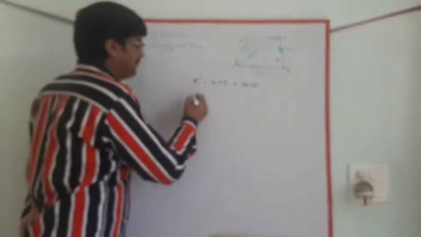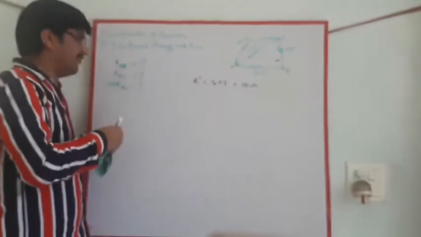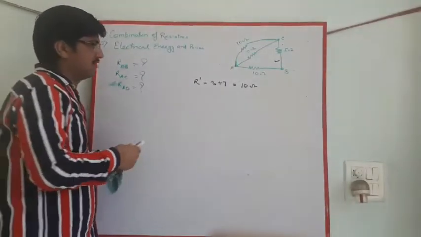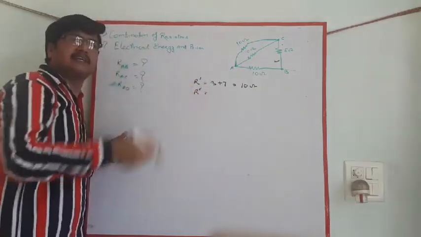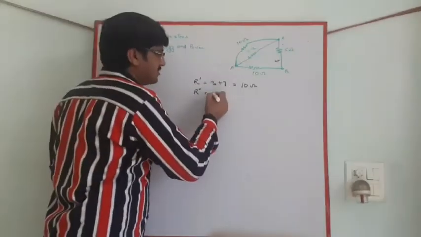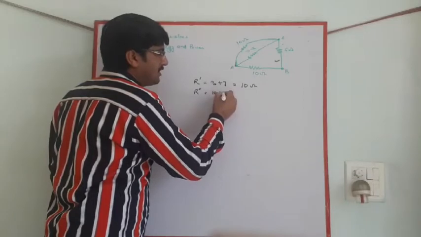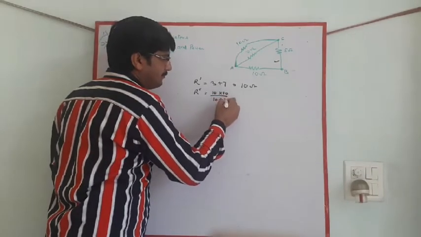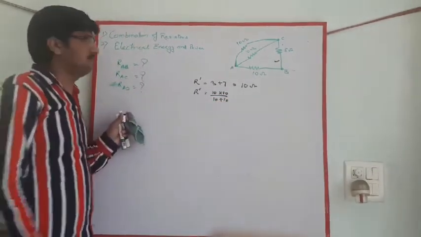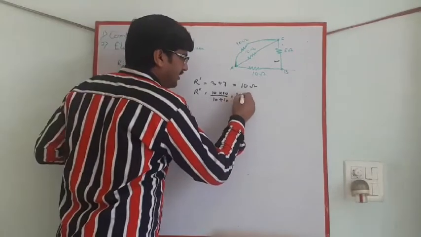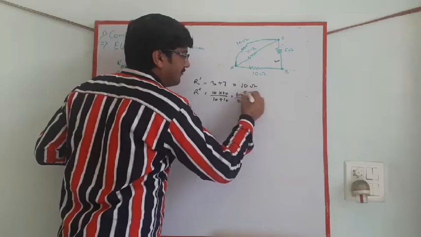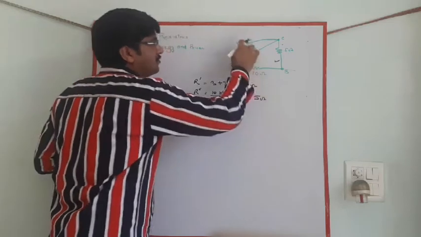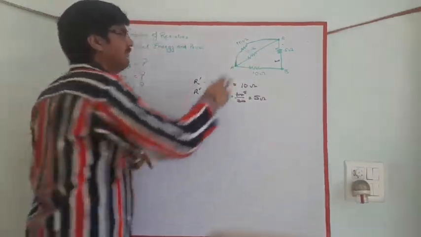So parallel to each other means, let us say it's R double dash. R double dash is equal to 10 into 10 upon 10 plus 10, 100 upon 20, and it's 5. The sum of these two becomes 5 ohm.